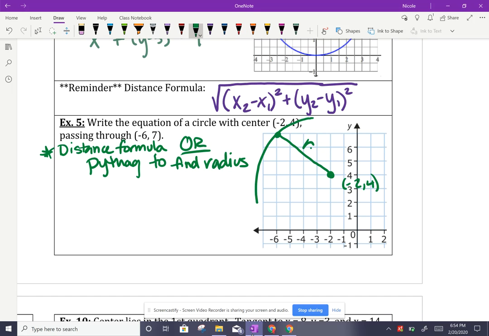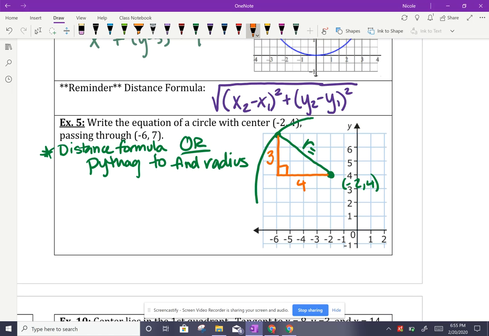I'm going to put an R here for radius. So if we're doing Pythagorean theorem, we need to remember we need a right angle. So we need to create some perpendicular lines. So I am going to take my point that's on the circle and bring it down so that it's on the same level as the center point. And that's 1, 2, 3 steps. And then I'm going to connect that line on a horizontal with the center, and that is 1, 2, 3, 4 steps.